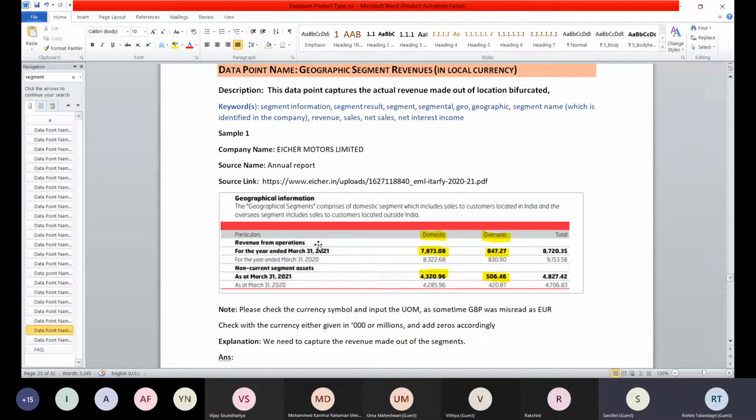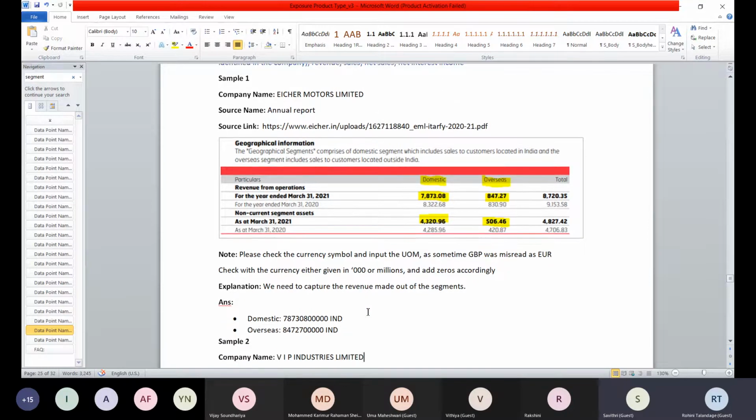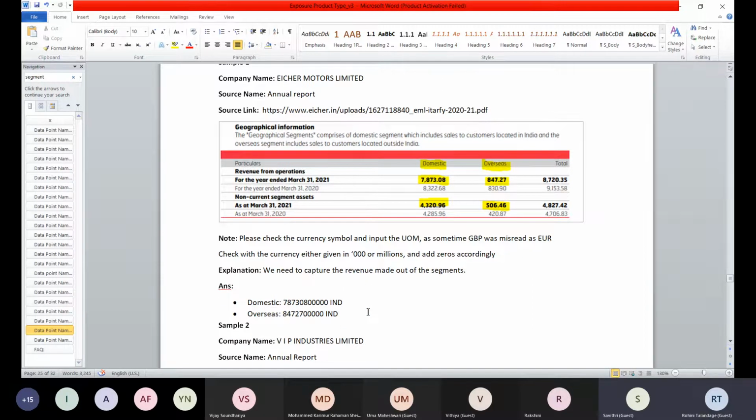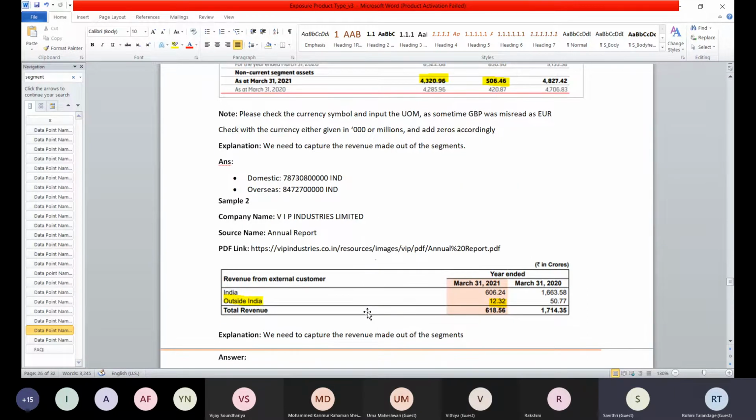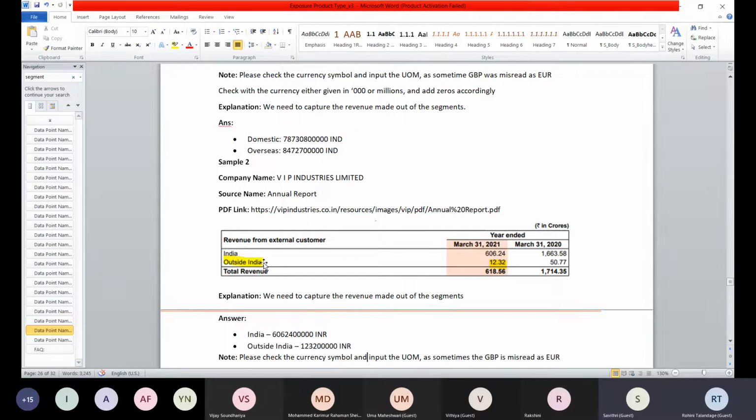Here they have domestic and overseas as geographical segments, and for that they have given the revenue detail, so you have to take it accordingly. Here also you need to check whether they say any zeros need to be added, and add it accordingly. For this one you can see for India and outside India they have given the revenue detail.